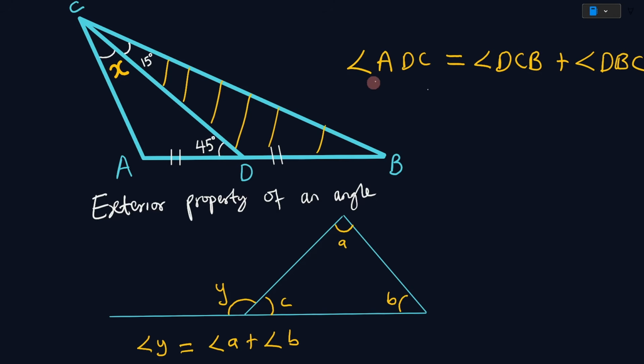So if angle ADC is 45 degrees and angle DCB is 15 degrees, we need to find angle DBC.